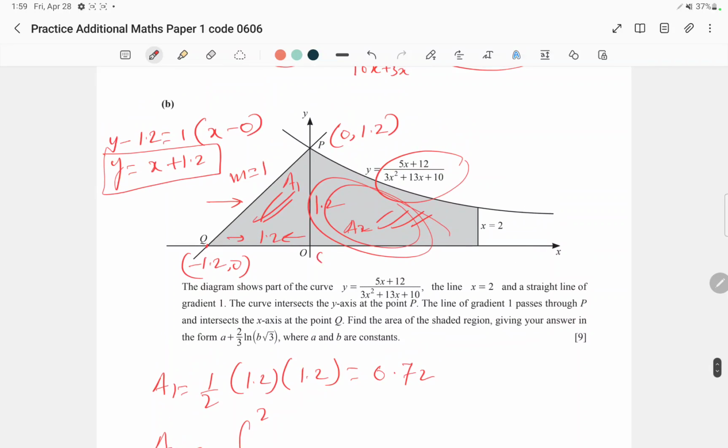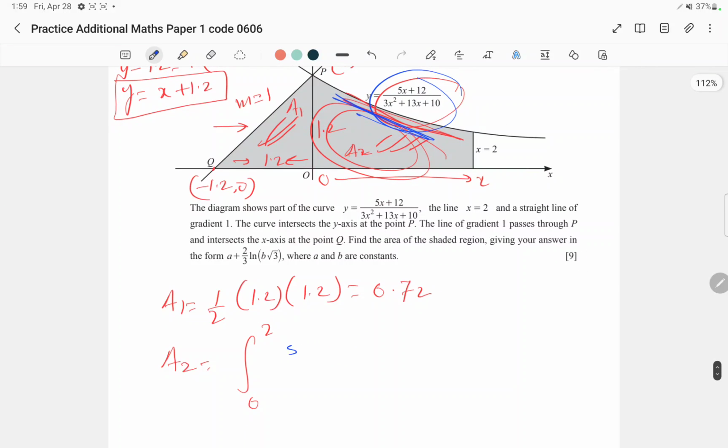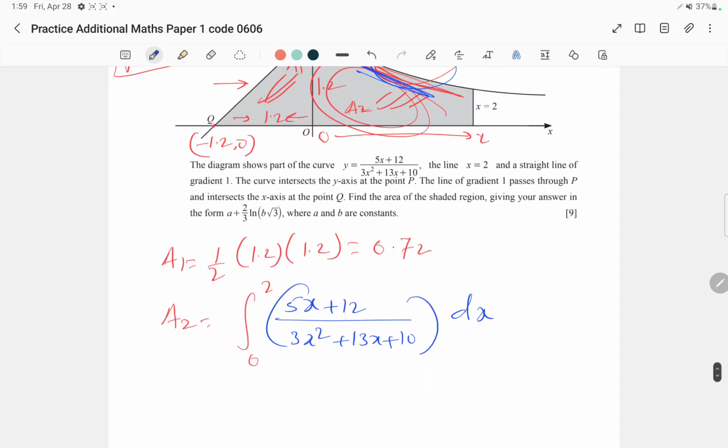A2 is the integration from 0 to 2. We have to integrate this function, which is 5x plus 12 over 3x squared plus 13x plus 10, dx, right?